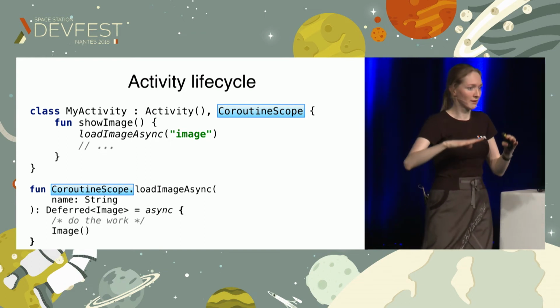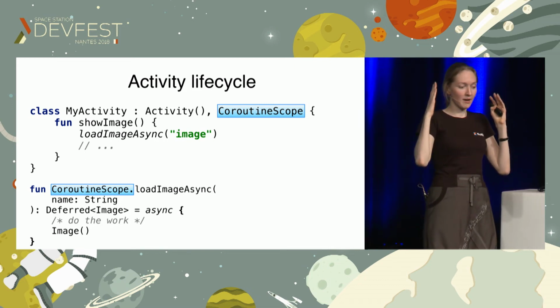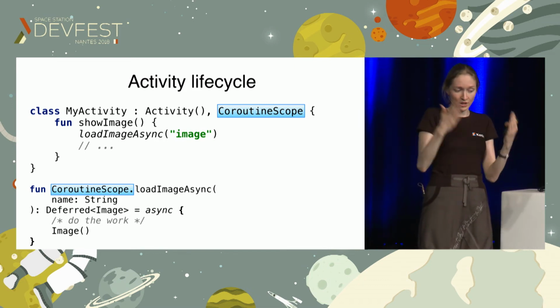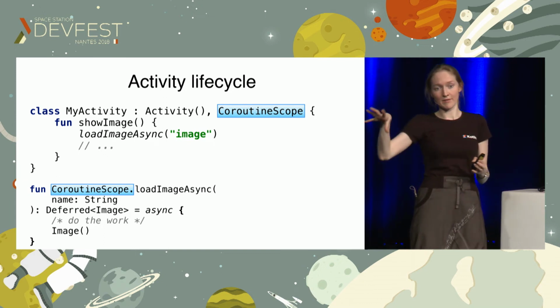If we are talking about Android, such an object is an activity. So an activity is an object with a well-defined life cycle.